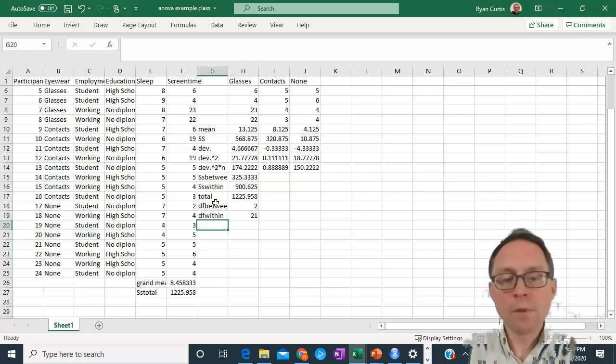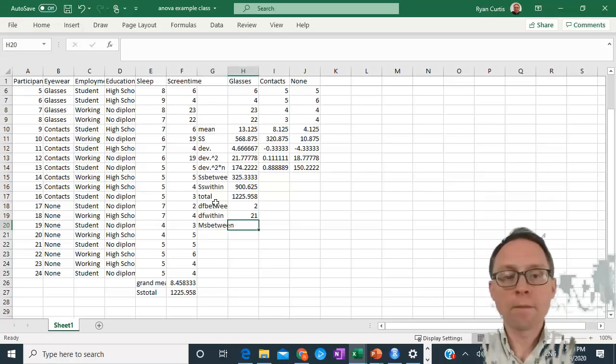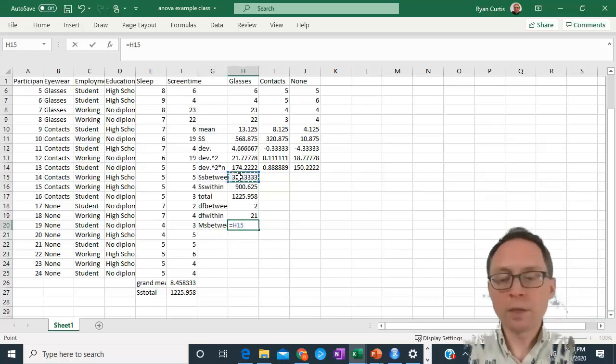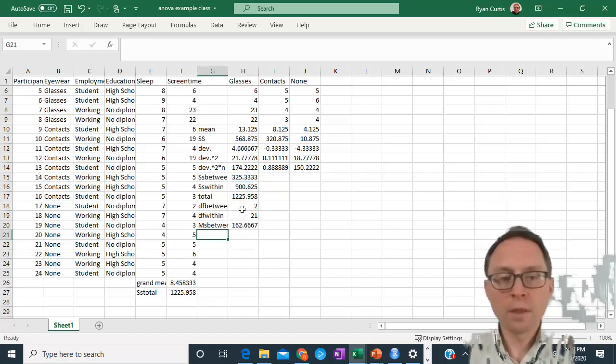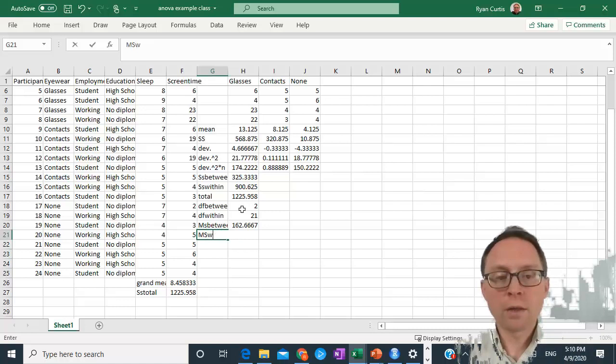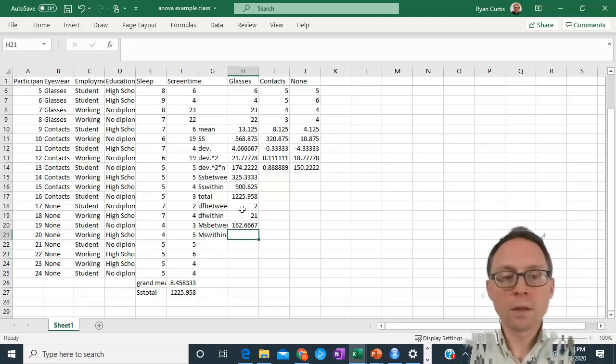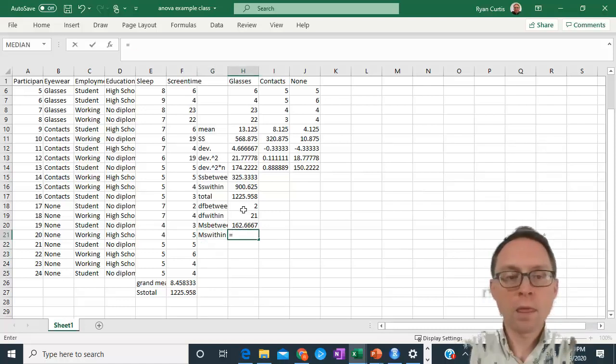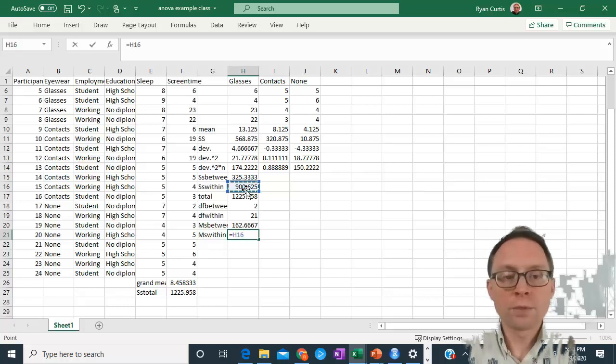All right. Then the mean square between is going to be the sum of squares between divided by the degrees of freedom between. The mean square within is going to be the sum of squares within divided by the degrees of freedom within.